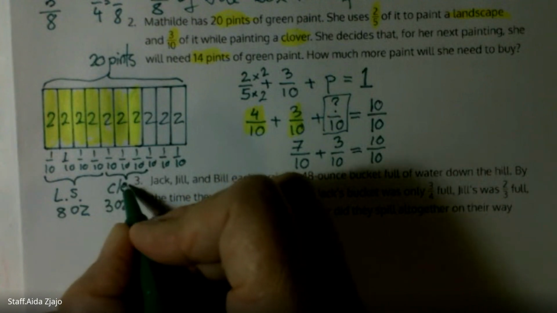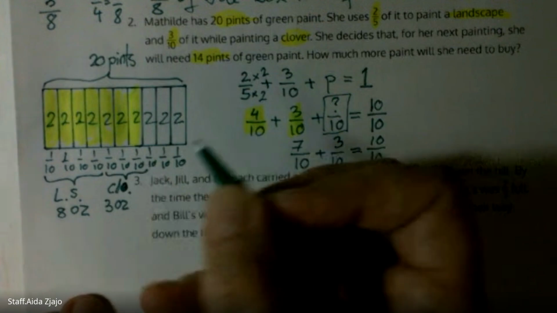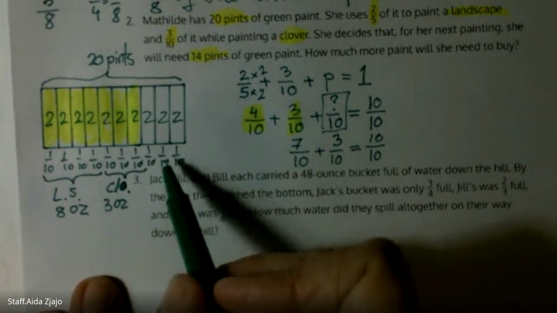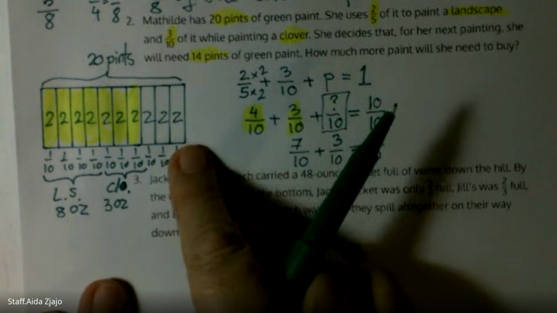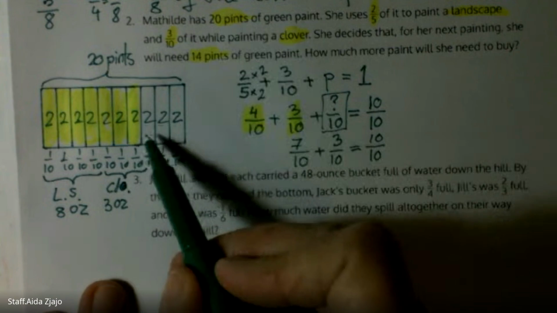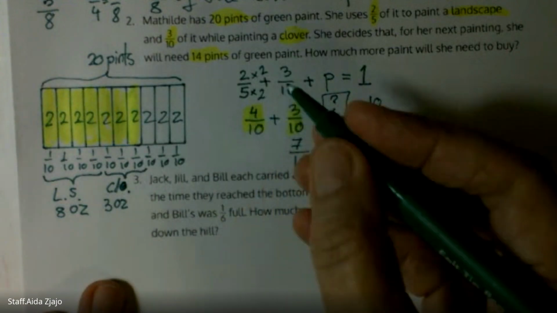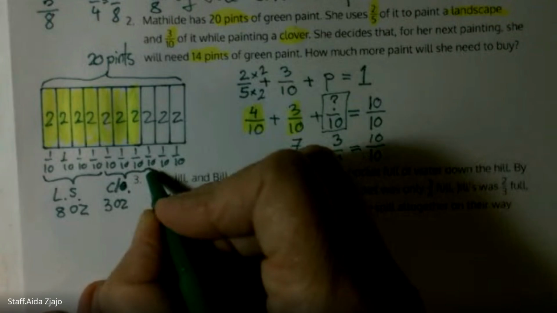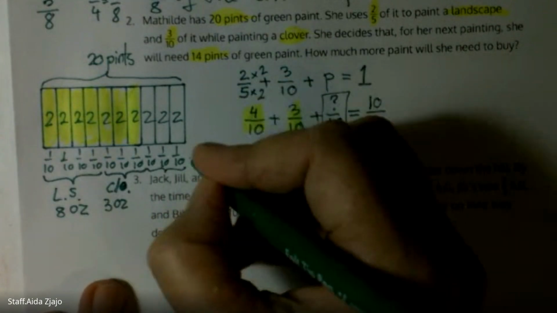Okay, I'm just going to mark this as the clover, for example. So now on the picture, you can see how much paint she has left. She has left, from 20 pints, 2, 4, 6 pints. So this part is left.